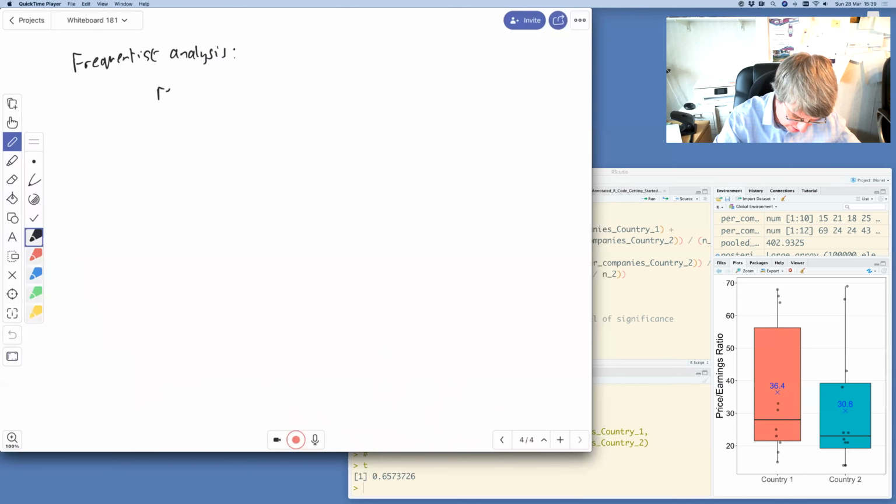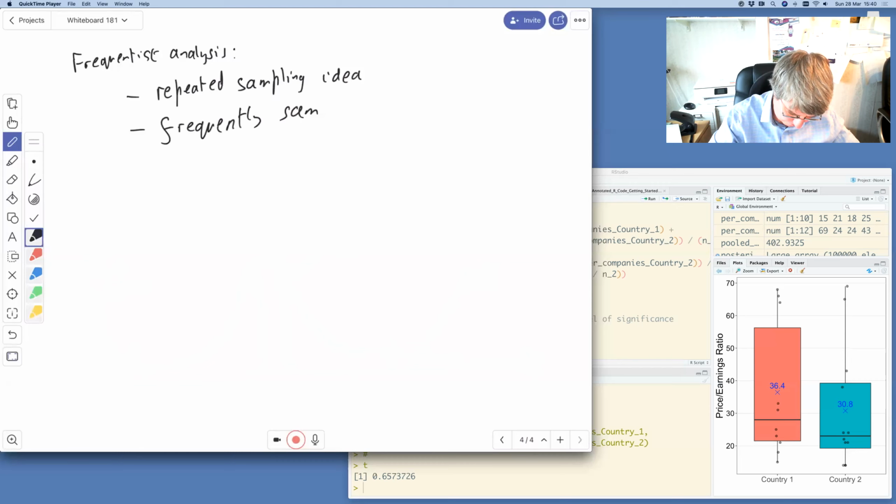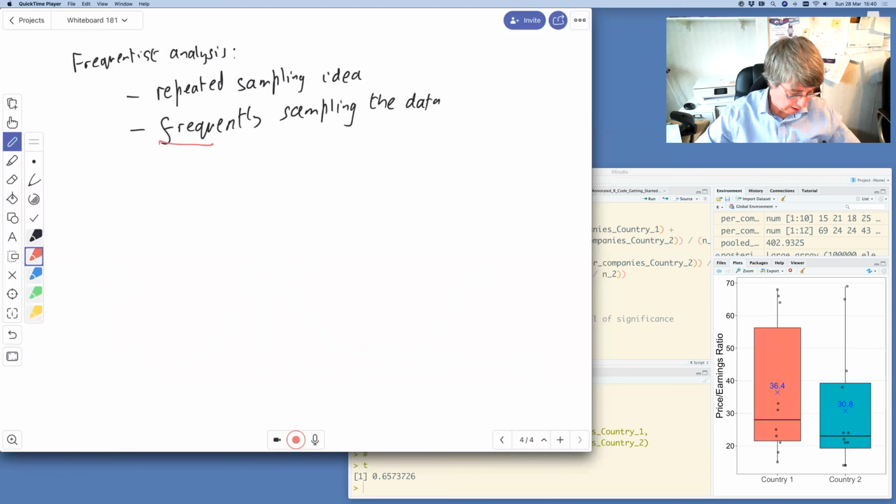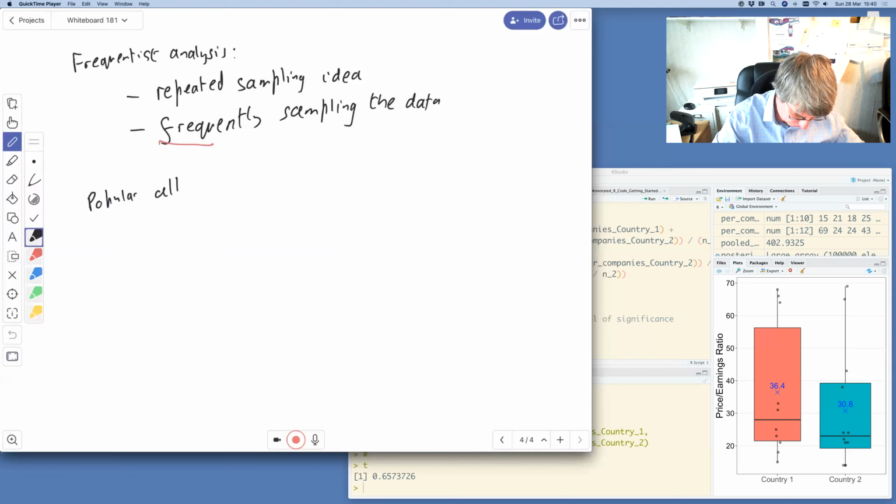So it's based on a repeated sampling idea, or in other words, it's based on the idea of frequently sampling the data. Hence the term frequentist. Well, there is a popular modern alternative to the frequentist approach, and that's the Bayesian approach.